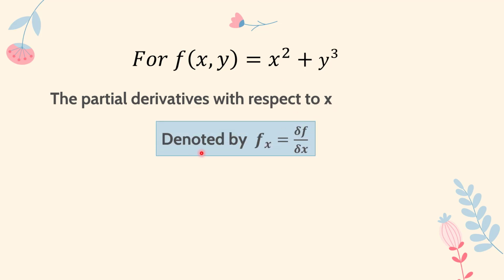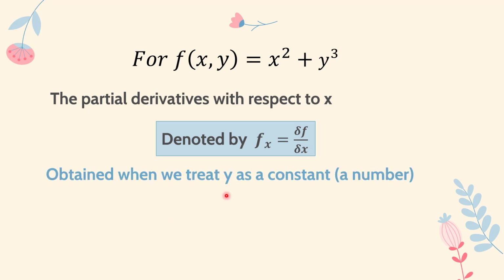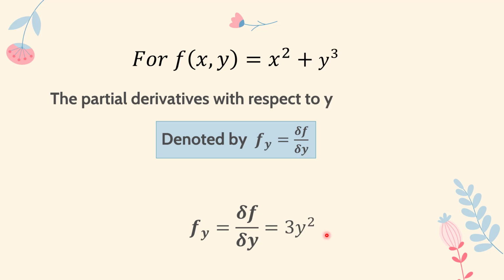We denote the partial derivative with respect to x as fx, and we partially differentiate f where the variable is x, so that the other variable, for example y, will be a constant. So when we treat y as a constant, what we have here is 2x, because y is supposed to be a number and its differentiation becomes 0.